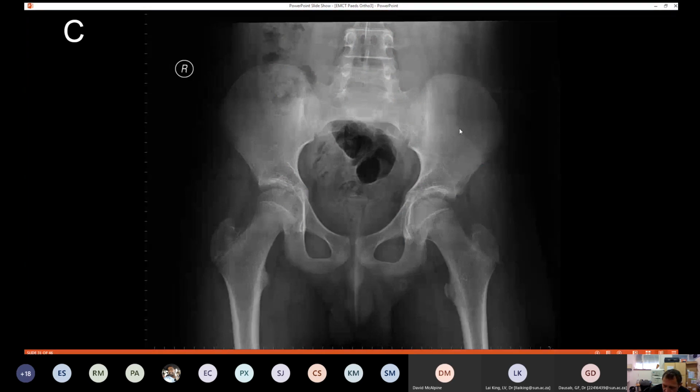All right. So again, child presents to the emergency center with a limp. This is the AP pelvis X-ray. And we'll give a few seconds for everybody to have a closer look at it.